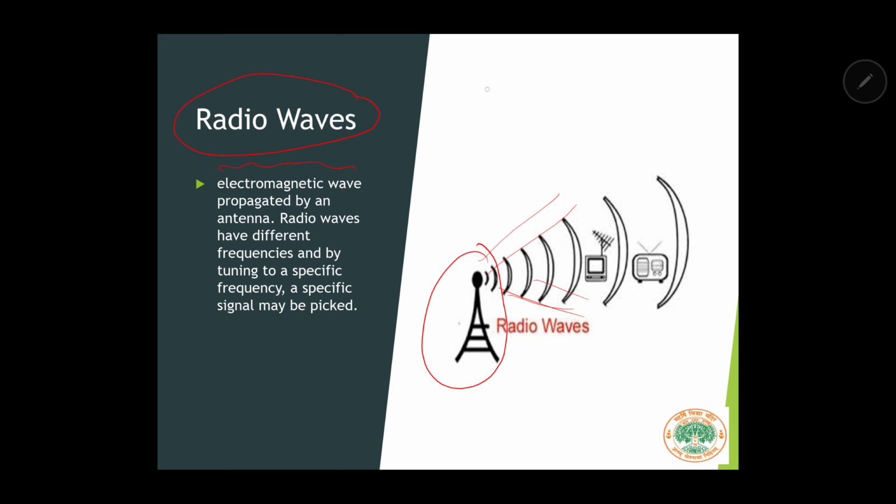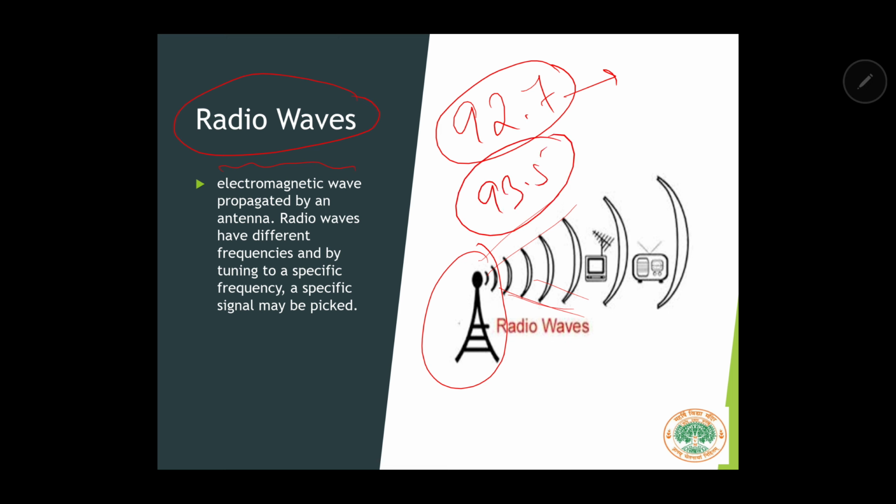For example, in case of FM radio, if you tune into the frequency 92.7, you will get a radio station, and if you tune into the frequency 93.5, you will get a different radio signal. But both of these signals were there in the atmosphere.